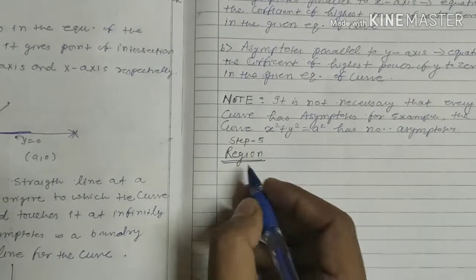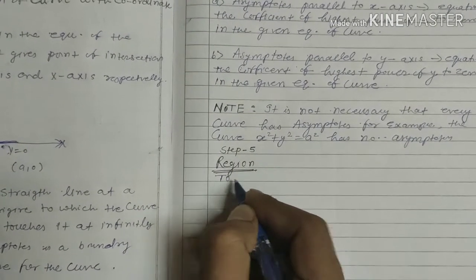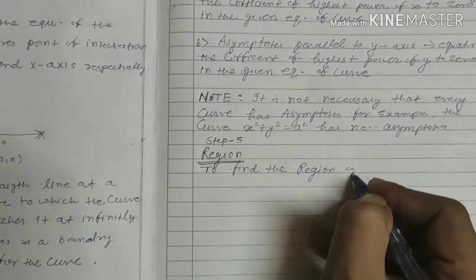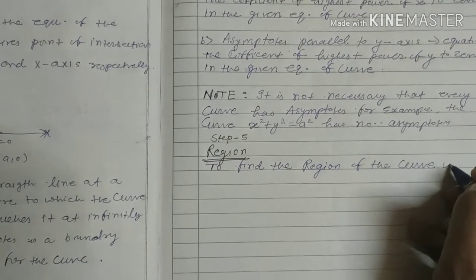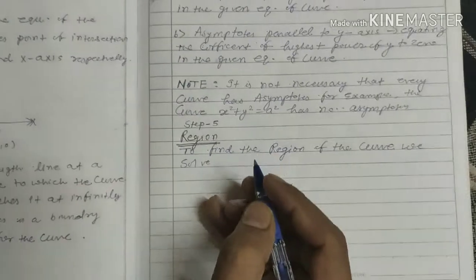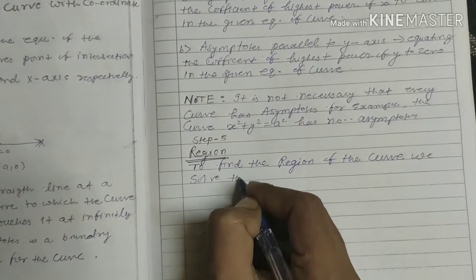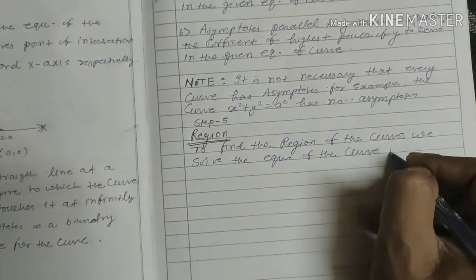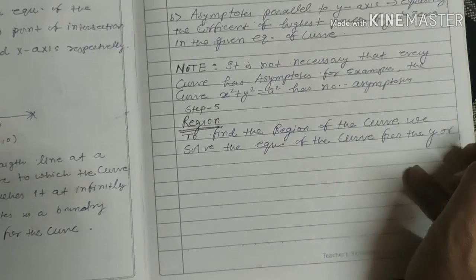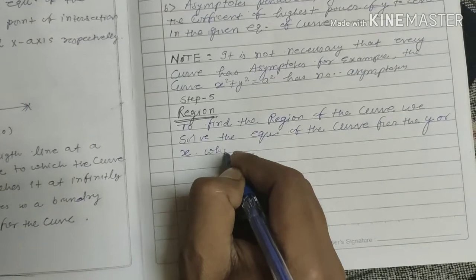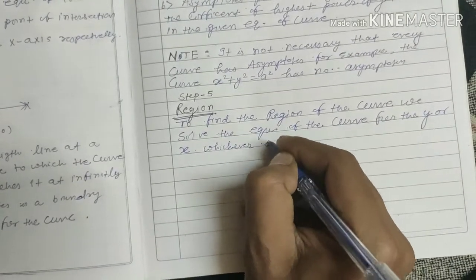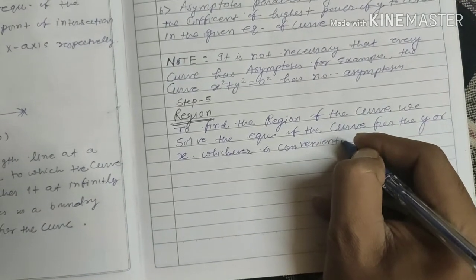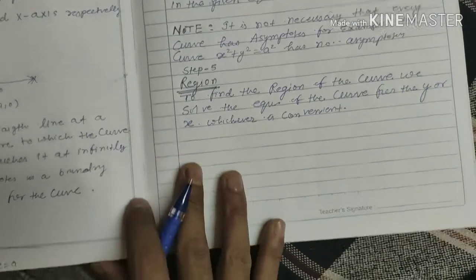To find the region of the curve, we solve the equation of the curve for y or x, whichever is convenient.